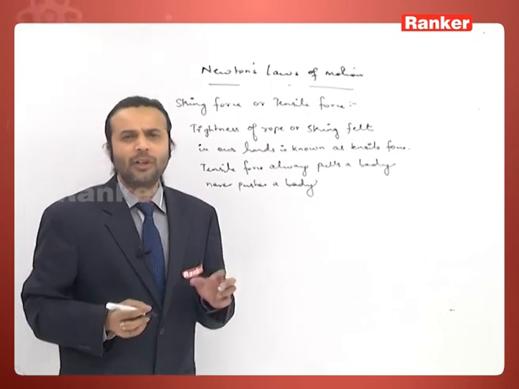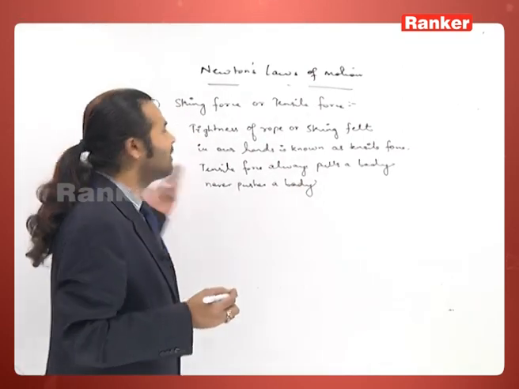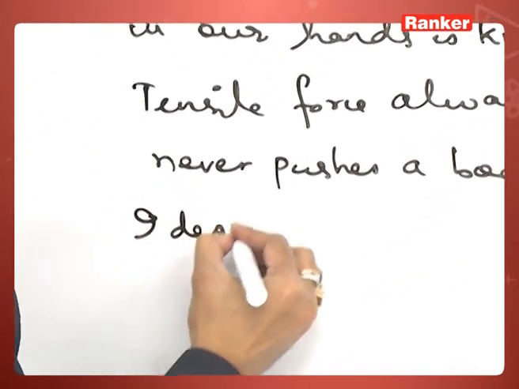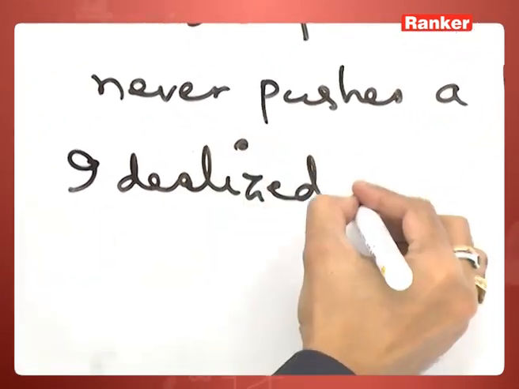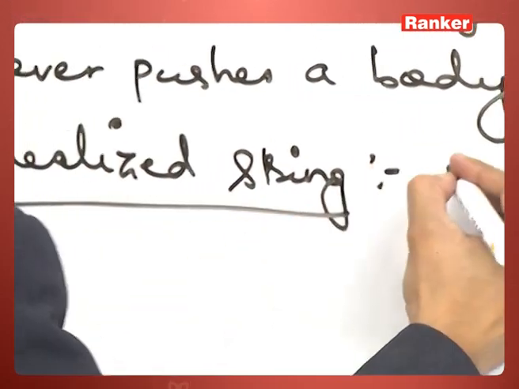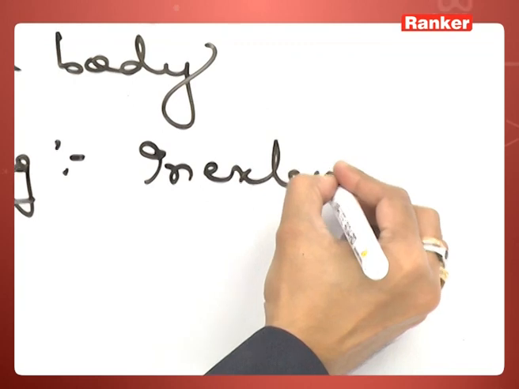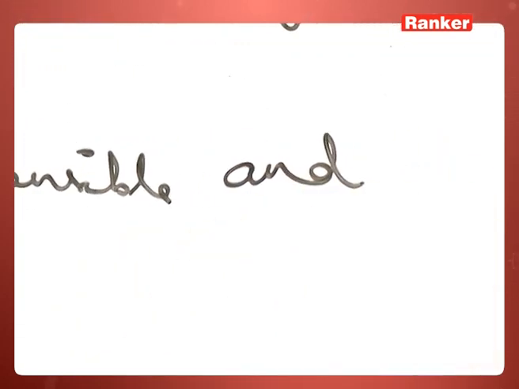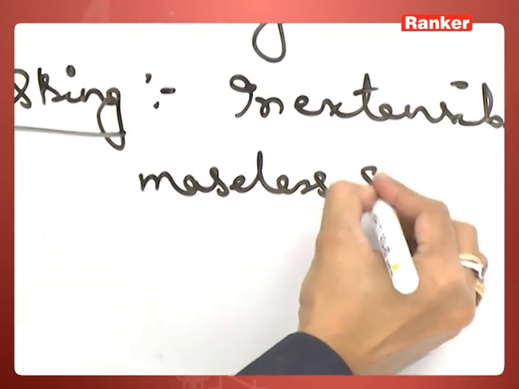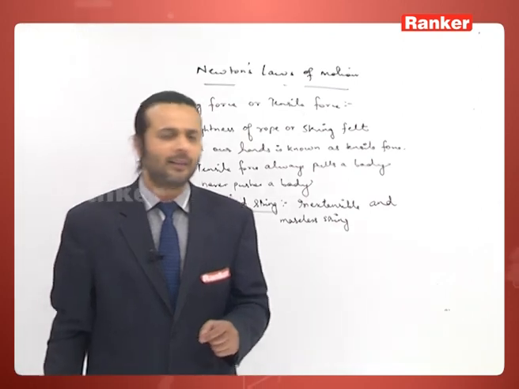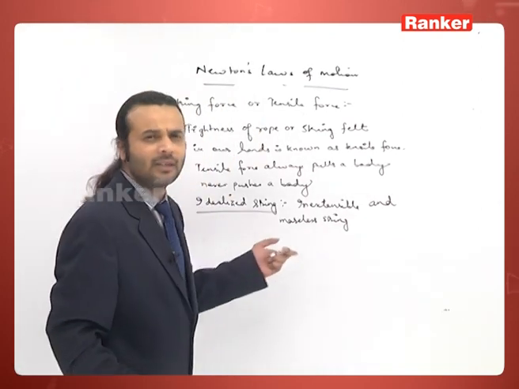Now, for JEE Mains physics, we say idealized string. Idealized string means inextensible and massless string. That means there is no elasticity in this string, and this string is massless.